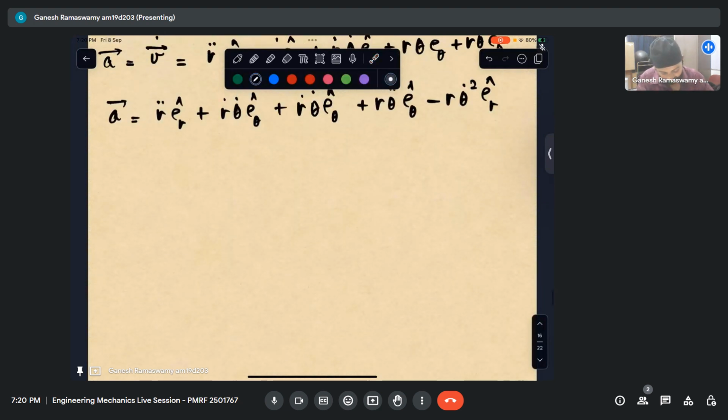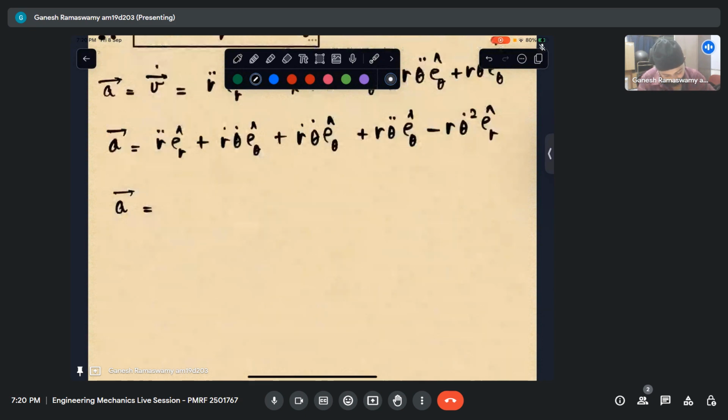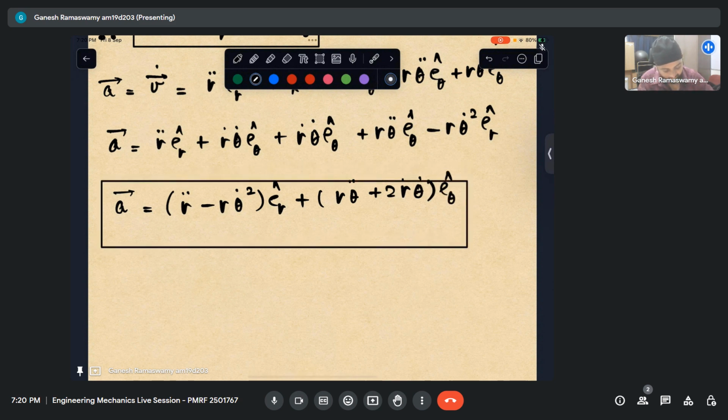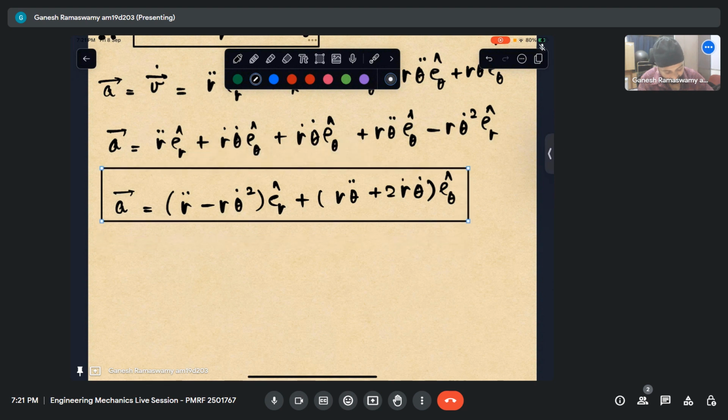So if I take e_r common, I have r double dot minus r theta dot squared e_r plus r theta double dot plus 2 r dot theta dot e_theta. So this is the total term for acceleration when expressing it in cylindrical polar coordinates.